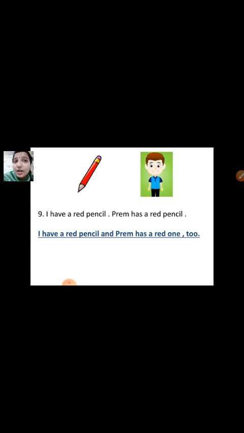Okay, this is another method of completing the sentence. I have a red pencil and Prem has a red one, comma, T-O-O, two. Full stop.